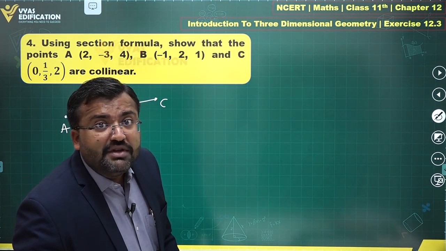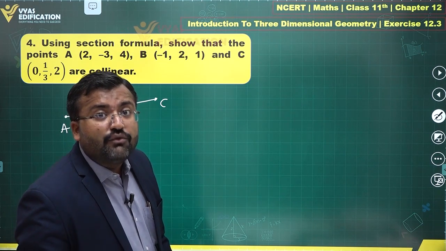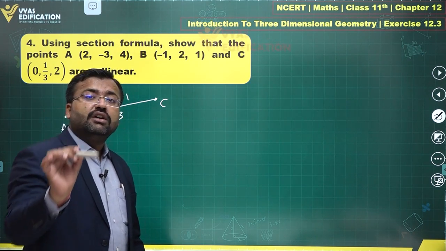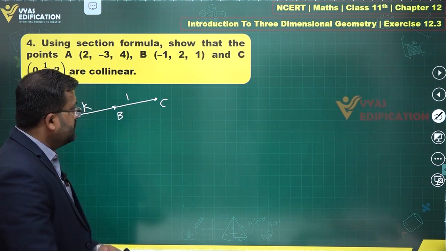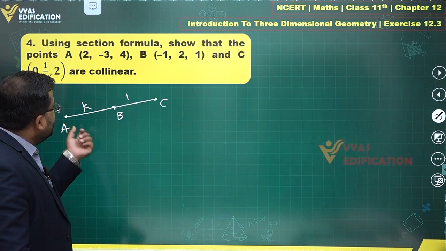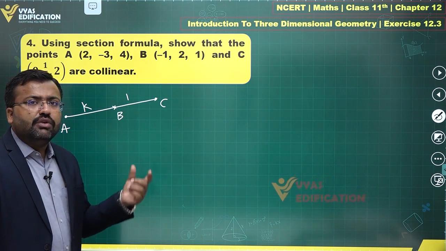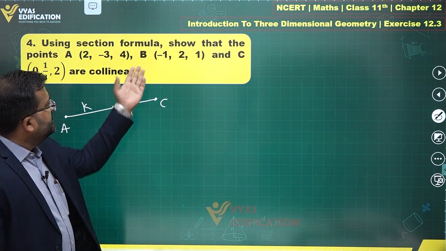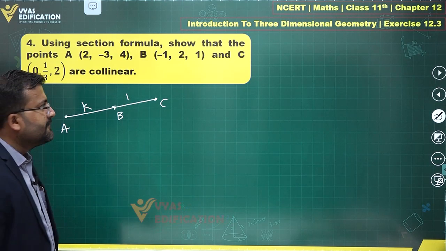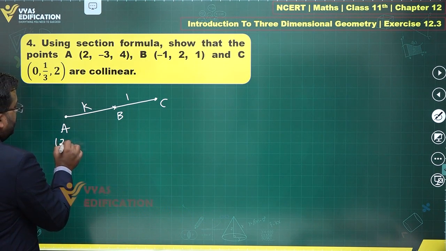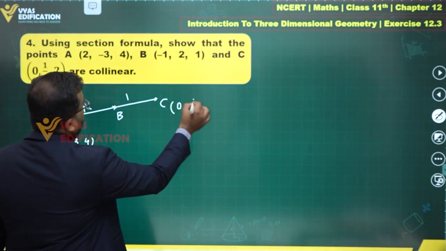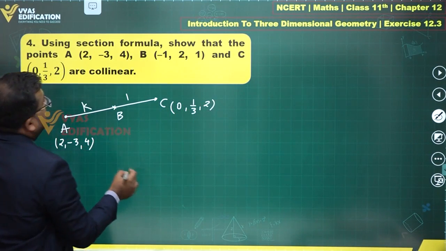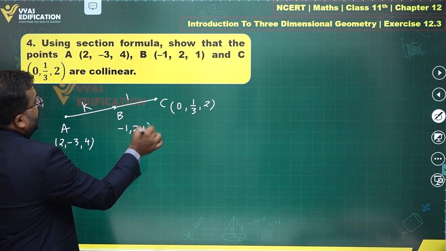If K comes out to be the same for X, Y, Z, you can be sure that the points are collinear. Because K is to 1, AC will be divided into some particular ratio and you get the coordinates of B. That will be the same as this, right? Yes. So let's begin with 2, minus 3, 4, 0, 1 by 3, 2, minus 1, 2, 1.